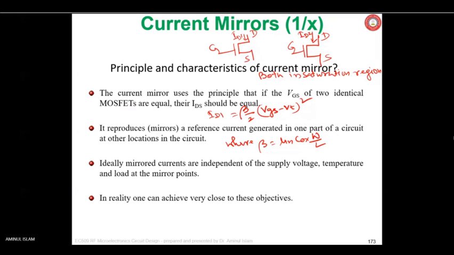Now, if the voltage VGS between these two terminals is the same, VGS1 equals VGS2, and of course the devices are matched. For matched devices, VT is the same for both, and W by L is the same for both.